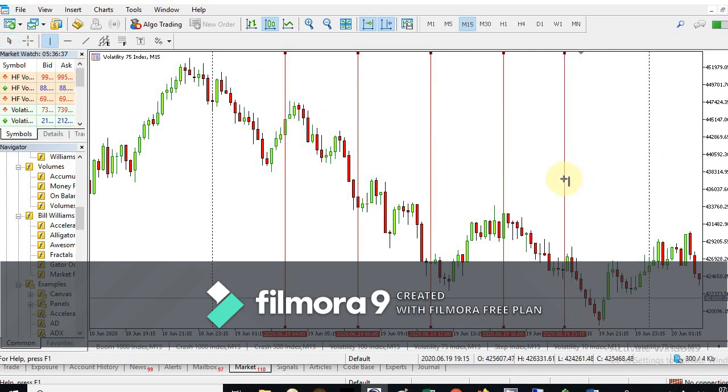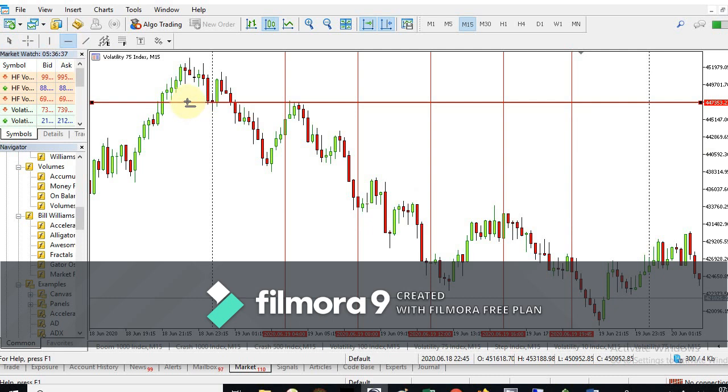Now what we do is use horizontal lines to map out our box. This is the closing price of this particular period.